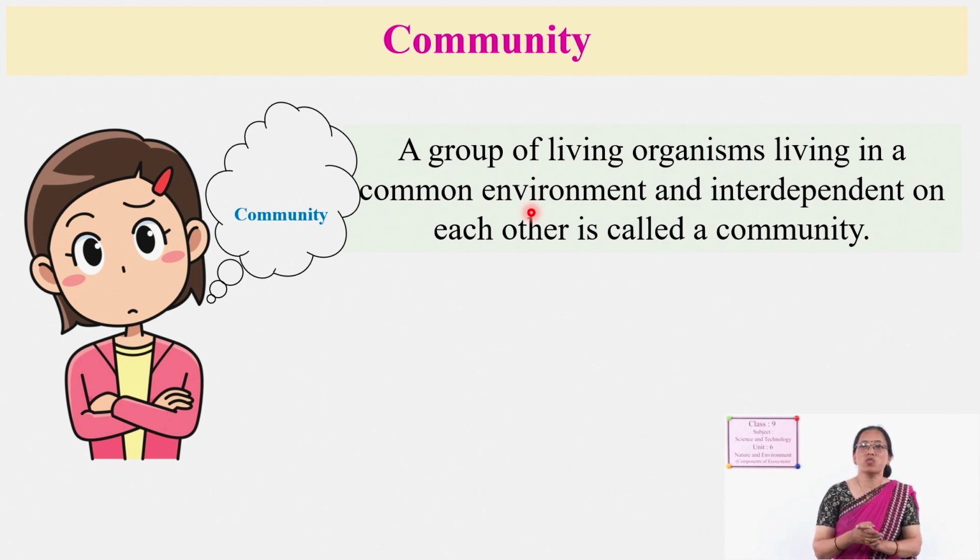During respiration, plants and animals both take oxygen and throw out carbon dioxide, which we call breathing. But green plants take carbon dioxide during photosynthesis and release oxygen. In this way, carbon dioxide and oxygen are also balanced. So these different components, physical and biological, are interdependent with each other.